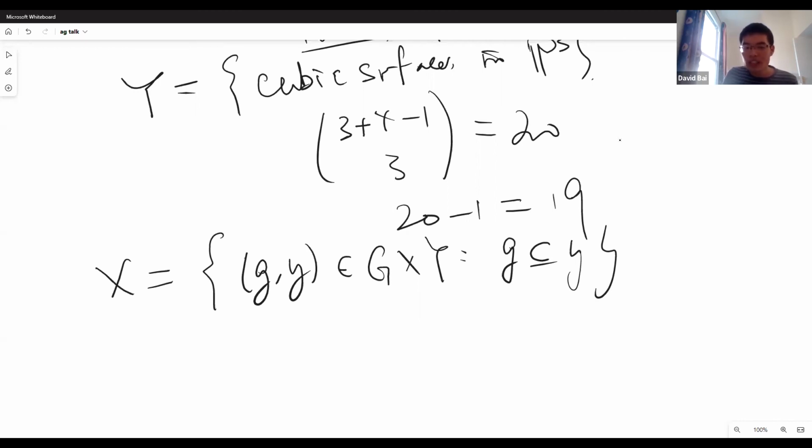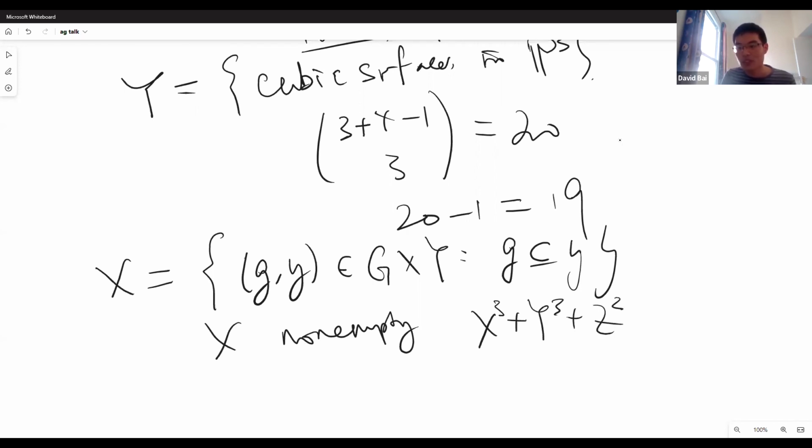And we also know that X is non-empty, just a little sanity check, because there are cubic surfaces that contain lines. For example, x cubed plus y cubed plus z cubed plus w cubed equals 0 contains at least one line. So X is non-empty.